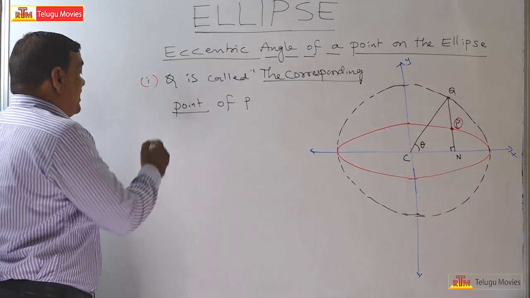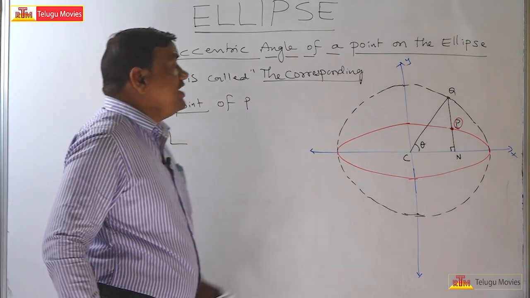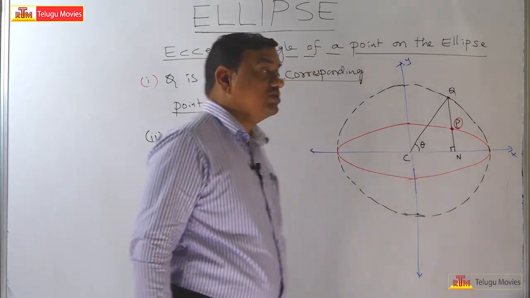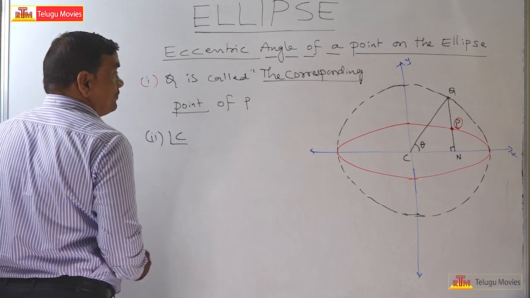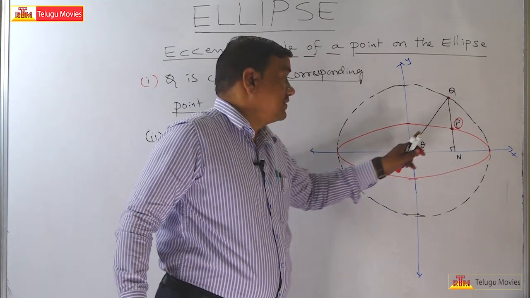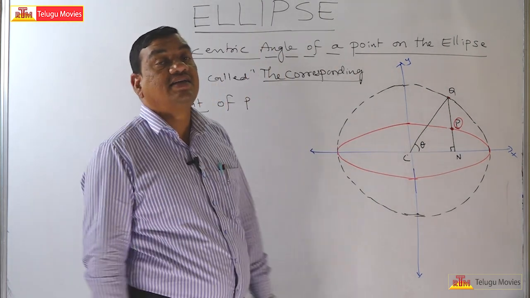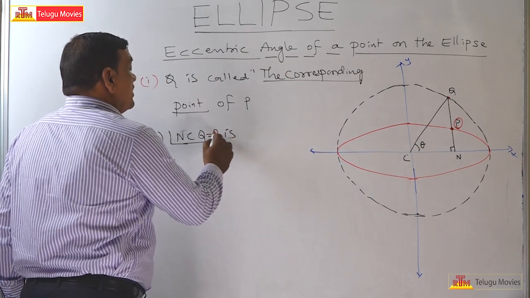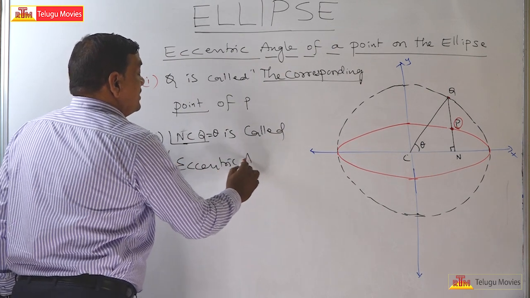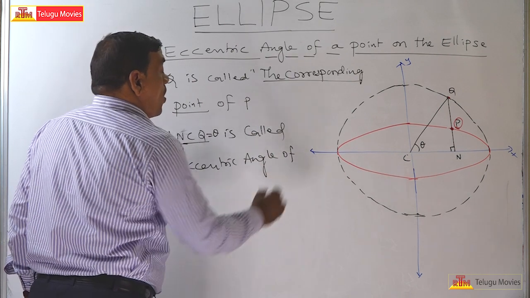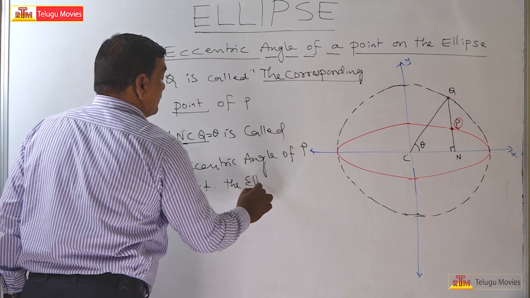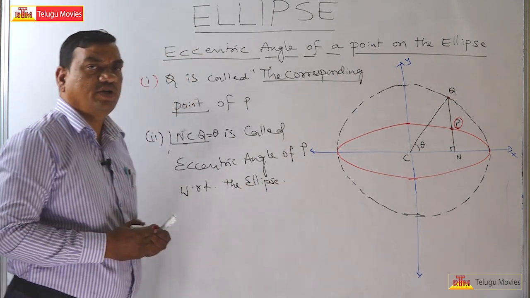The second point to be remembered is, now join C, the center of the circle, to the point Q. Then the angle NCQ, let us call it theta, is called the eccentric angle of P with respect to the ellipse, or with respect to the auxiliary circle.